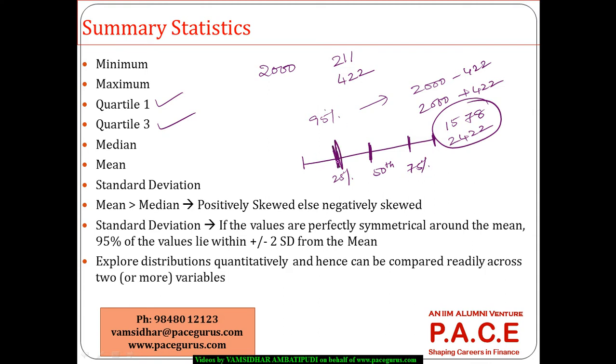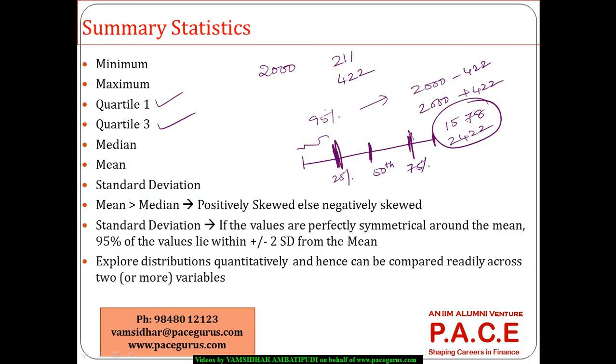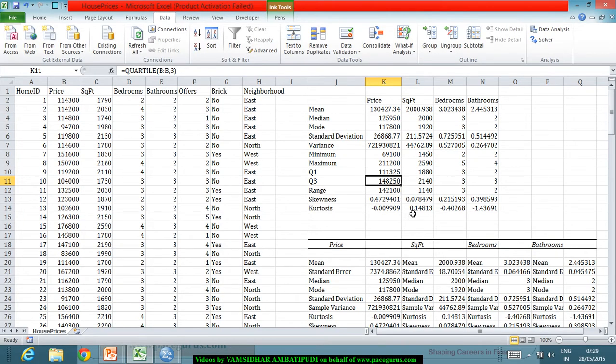So quartile 1 simply tells me that 25% of the houses have a price lesser than 111,000. Similarly, Q3 of 148 says that 25% of the houses are sold for more than 148,000.